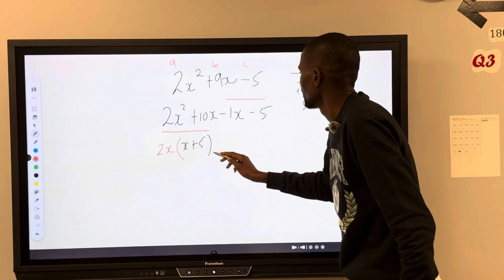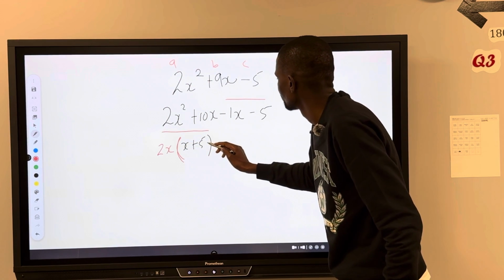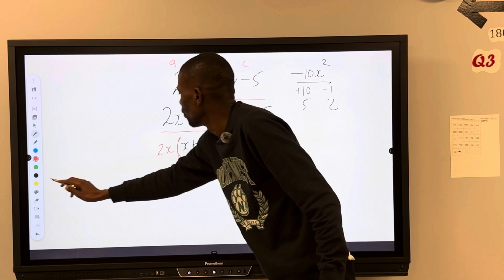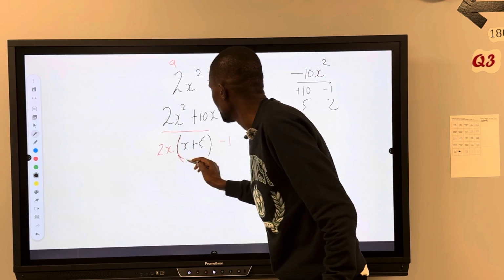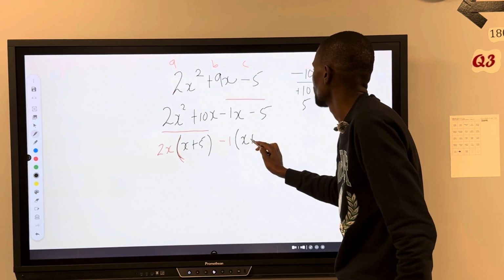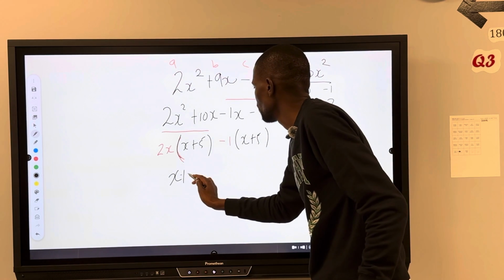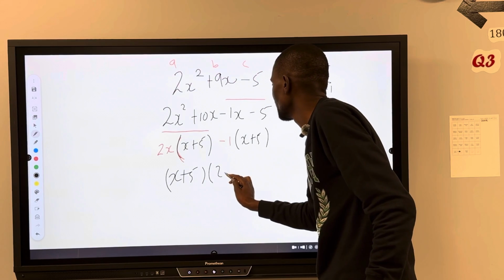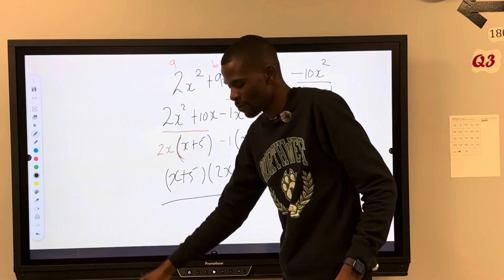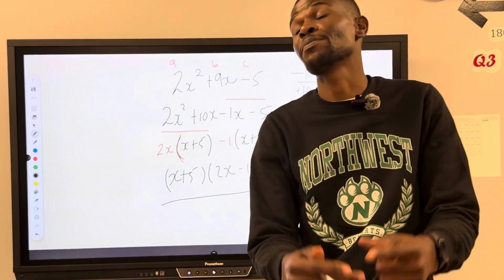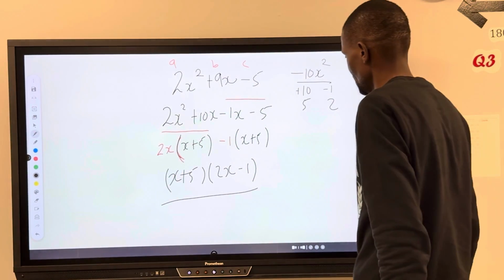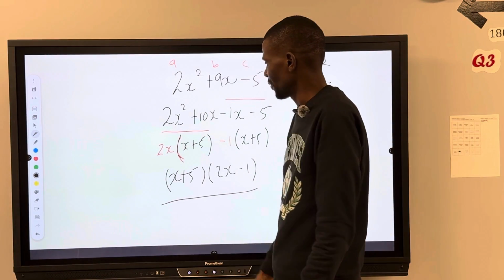From the last two, you take out minus 1 and you remain with x plus 5. As you can see, x plus 5 is common. Whatever remains is another binomial. So we have expressed that problem as a product of its factors.